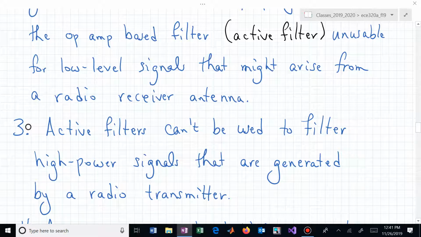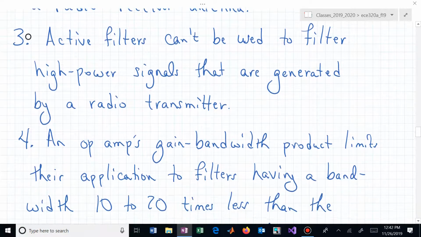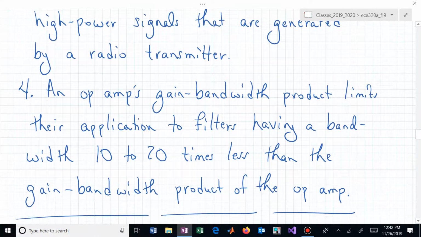We also are unable to use these active devices, these op-amp based filters, when we are trying to filter high power level signals. For example, in a radio transmitter, we won't be able to use these op-amp based filters. We maybe have to resort to some passive device.